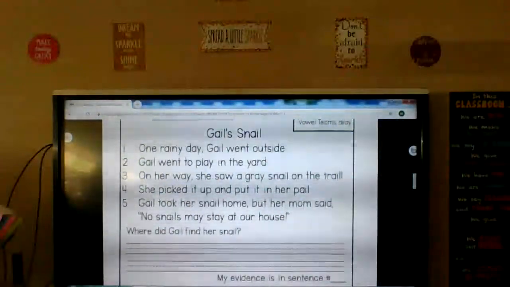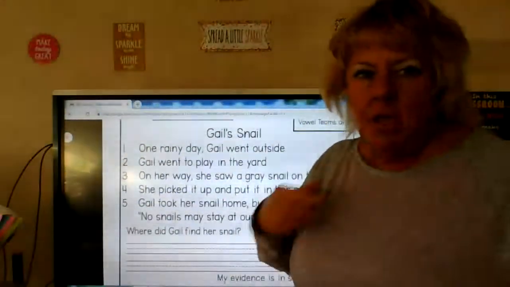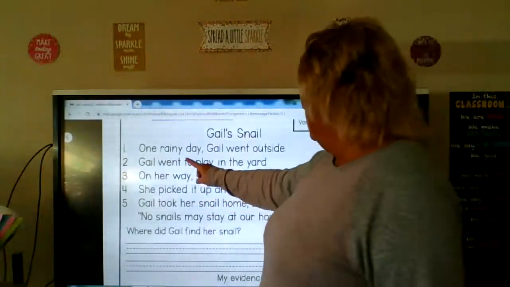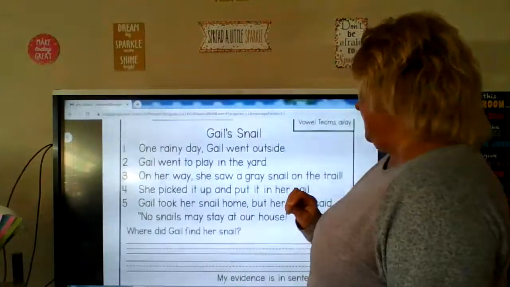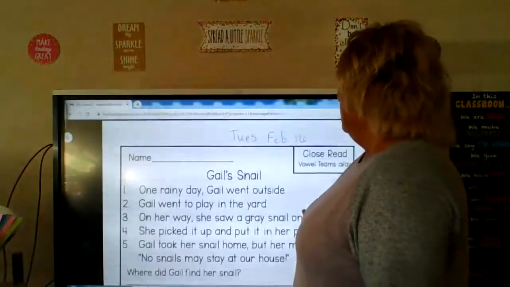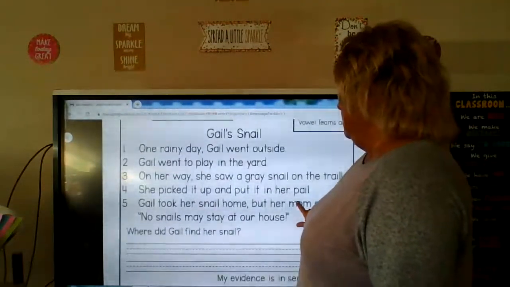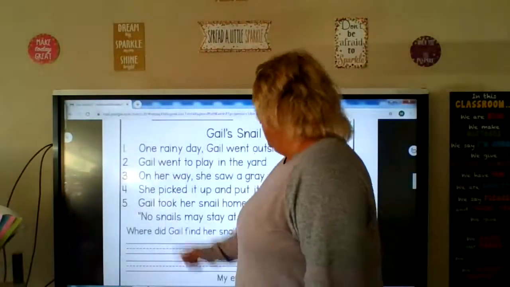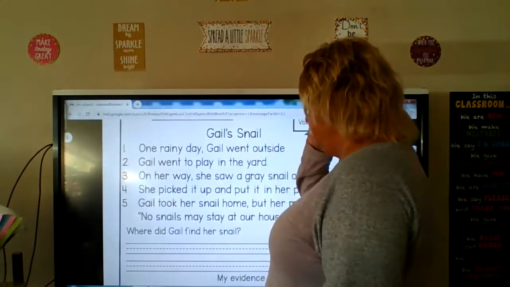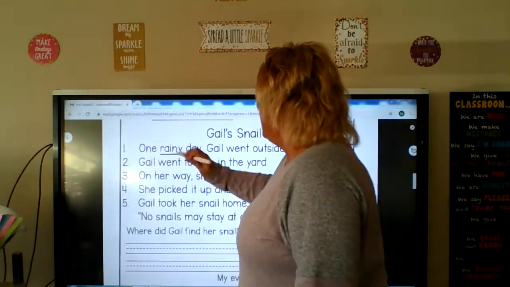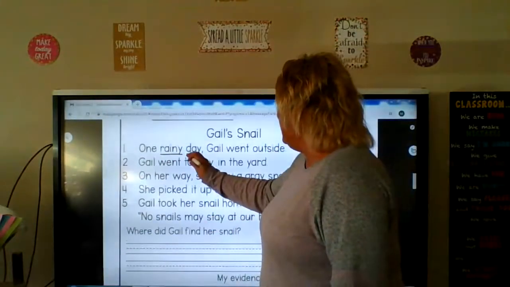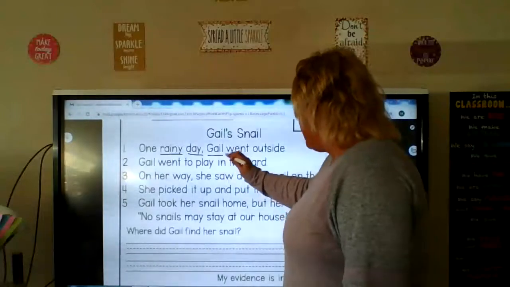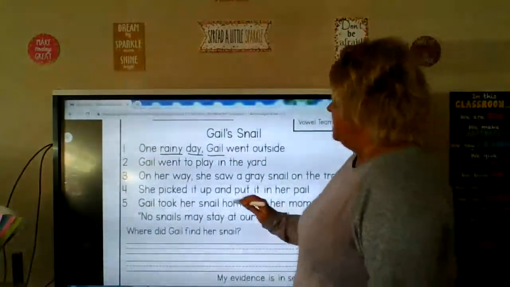One rainy day, Gail went outside. Let's go ahead and underline every time we see long A. One rainy day, Gail went outside.